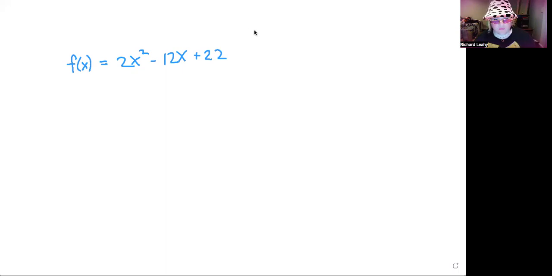Now, vertex form looks like this. Let's label everything. So vertex form, that is the one with the h's and k's. y equals a(x minus h) squared plus k. Now, h is like the axis of symmetry. That is the x coordinate of the vertex.